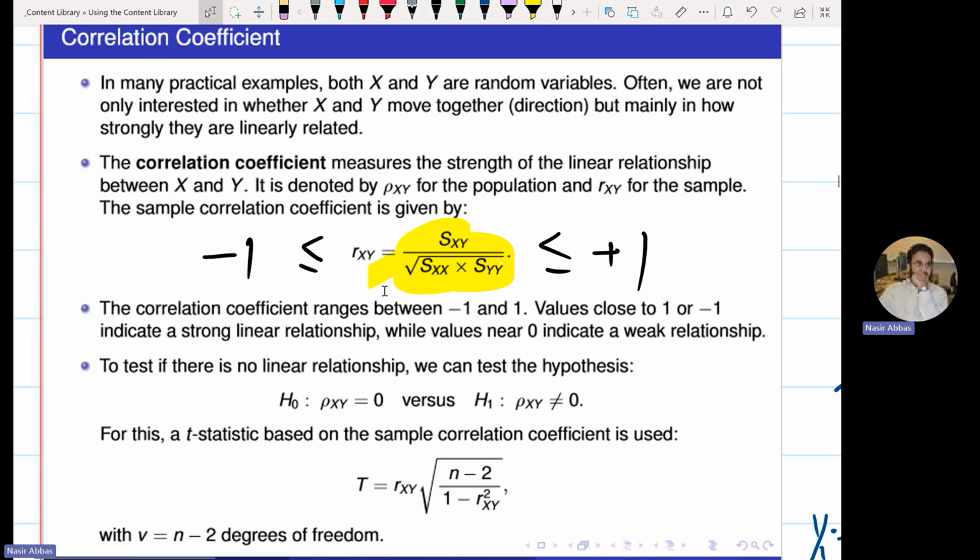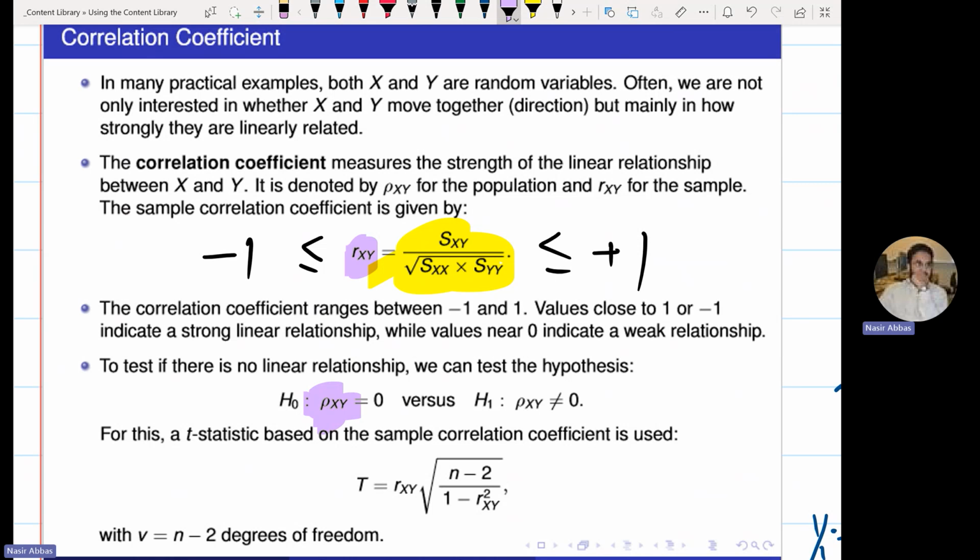Sometimes you are interested in testing a hypothesis about whether the correlation is close to zero or not. The population correlation is denoted by rho, and the sample correlation is denoted by R. Like the population mean is denoted by mu, the sample mean is denoted by X bar.